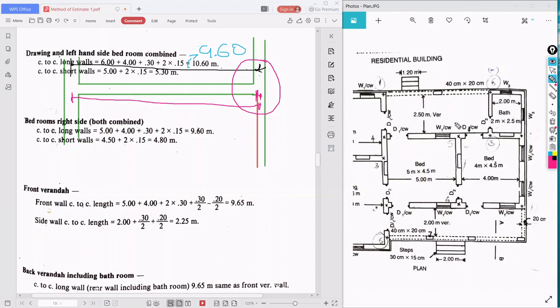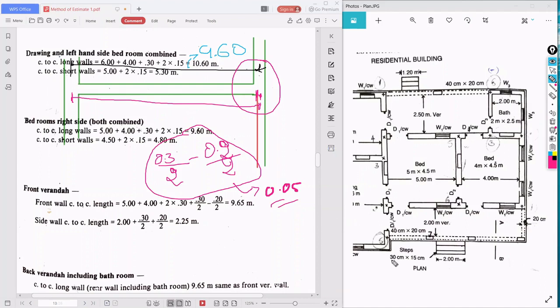For that, how can we find it out? It is half of 0.3 minus half of 0.2, that is 0.3 by 2 minus 0.2 by 2. 0.3 by 2 means 0.15, minus 0.10. So it is 0.05. Okay, it is 0.05.